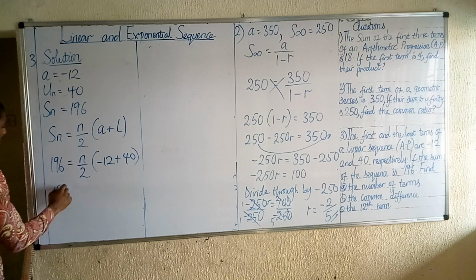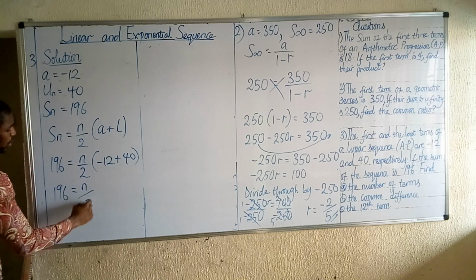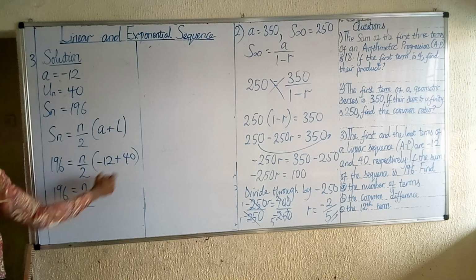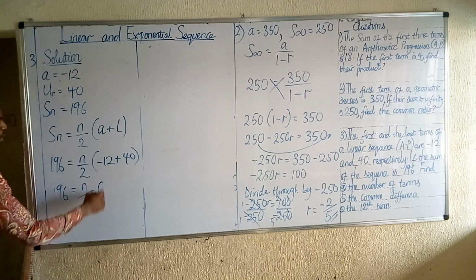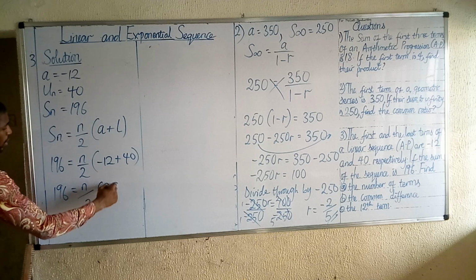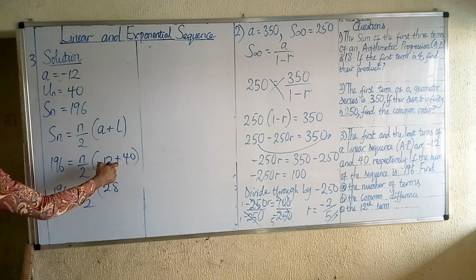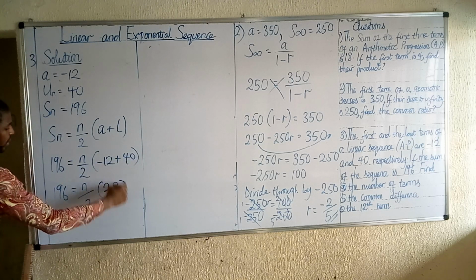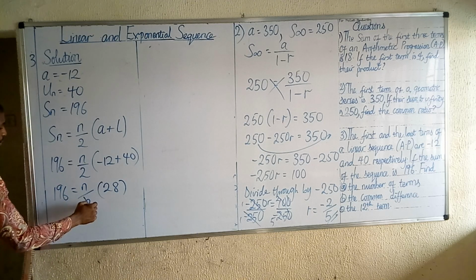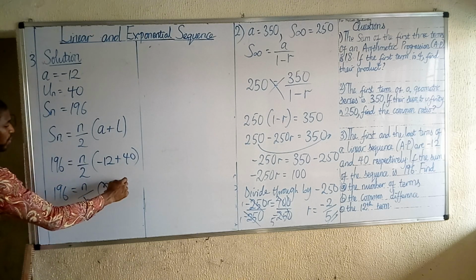So we have 196 equal to n over 2. Negative 12 plus 40 will give me positive 28. So 2 going into 28 gives 14.